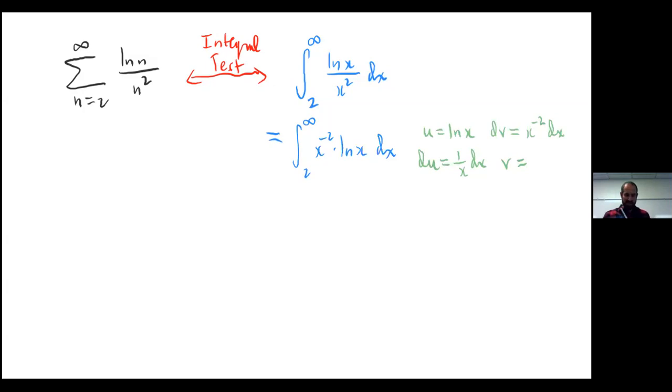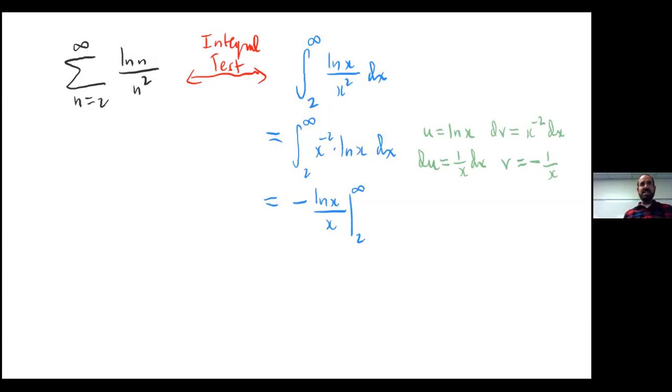Negative x to the negative 1, so negative 1 over x. So this is going to be u times v, which is negative logarithm of x over x, evaluated between 2 and infinity, which is weird, but we can deal with it.